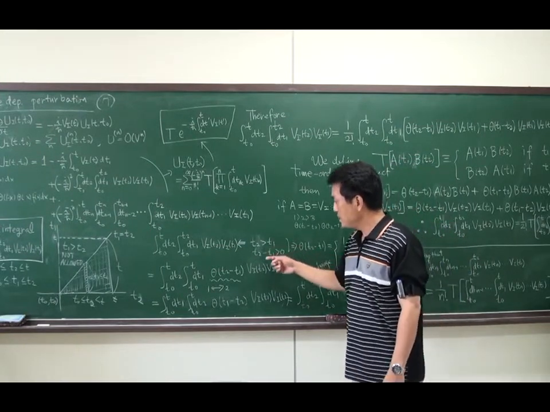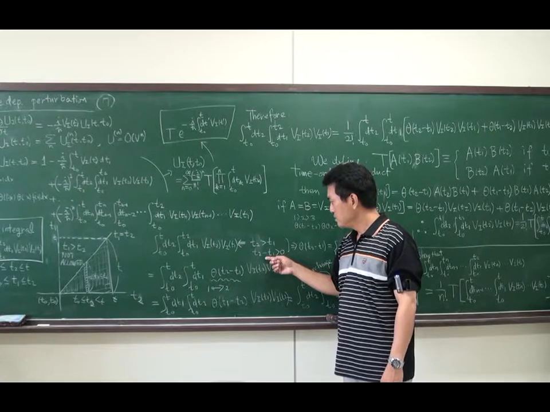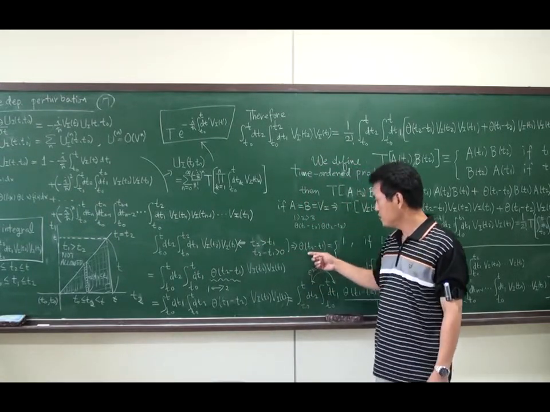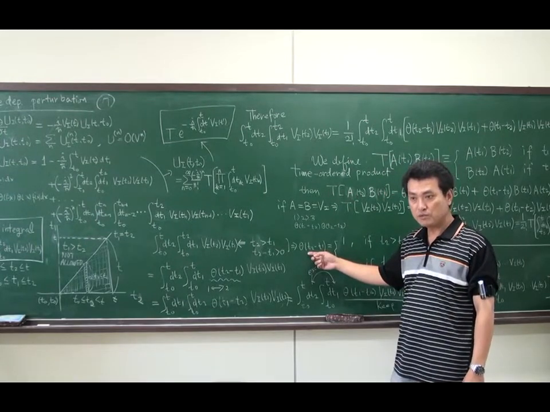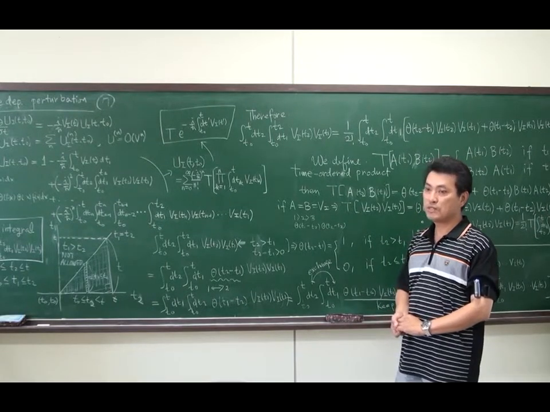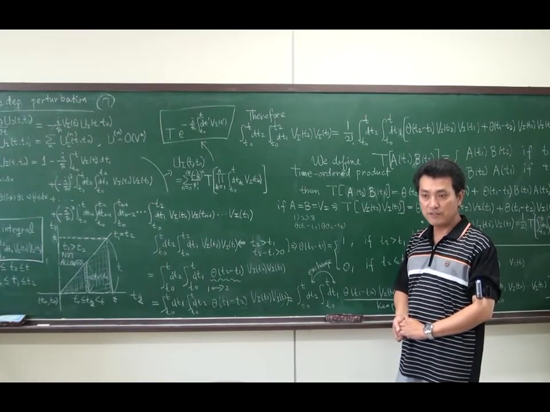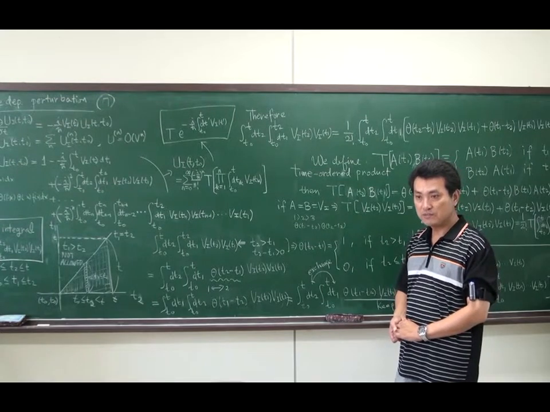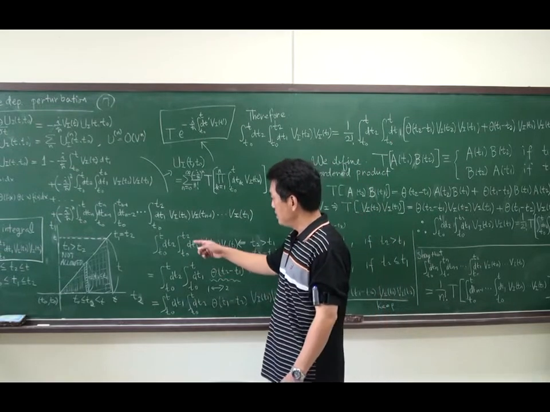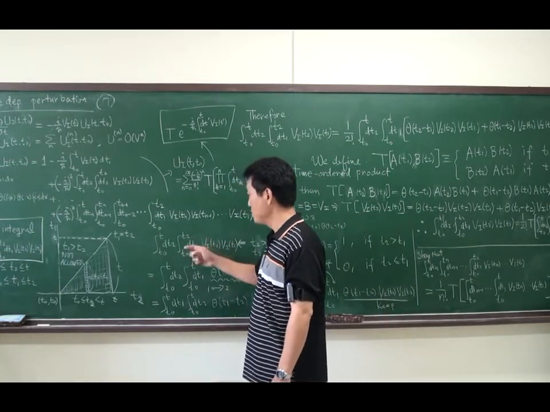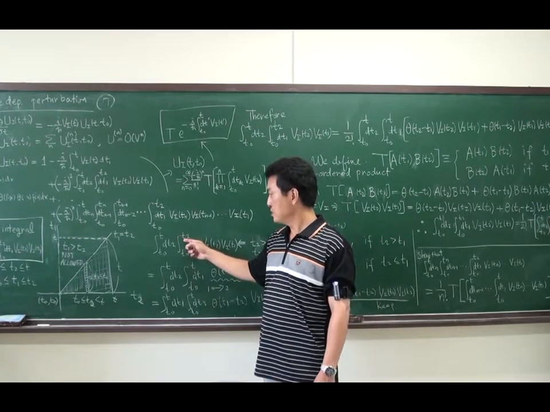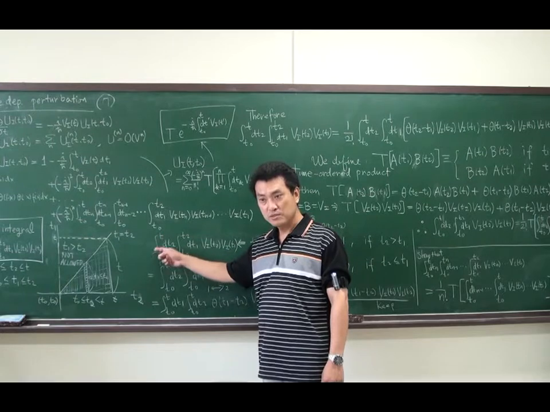This constraint can be simplified by introducing a theta function. If the argument of the theta function is greater than 0, then its value is 1. If it is negative, then it is 0. So, why don't we release this upper bound of the integral to make it t? That simplifies the integral region symmetry.